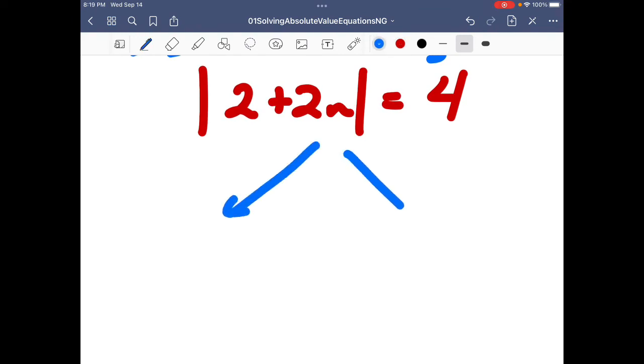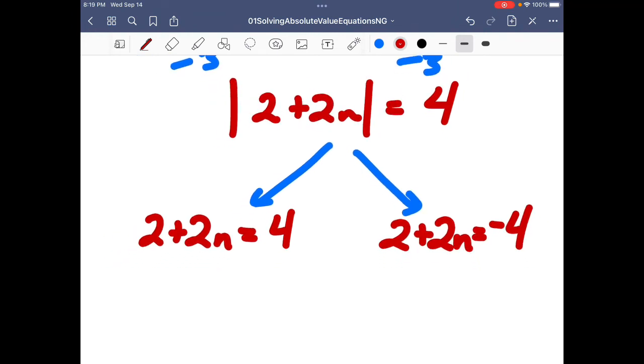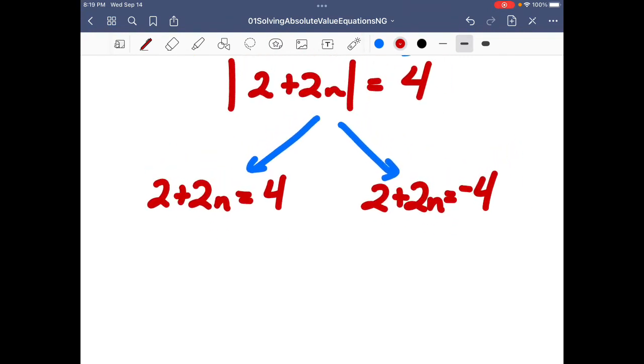When we say split it up, we mean that you're going to split it into 2 equations, one of them equal to the positive, or the same thing, so it's going to equal 4, and the other one equal to the opposite, in this case, literally the opposite of 4, -4. All right, so you got 2 equations to solve. Do some good algebra.